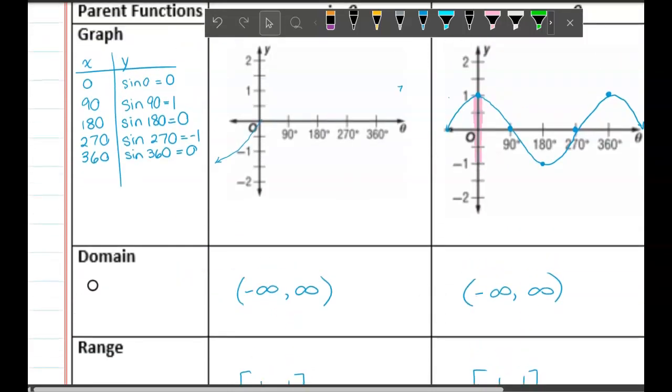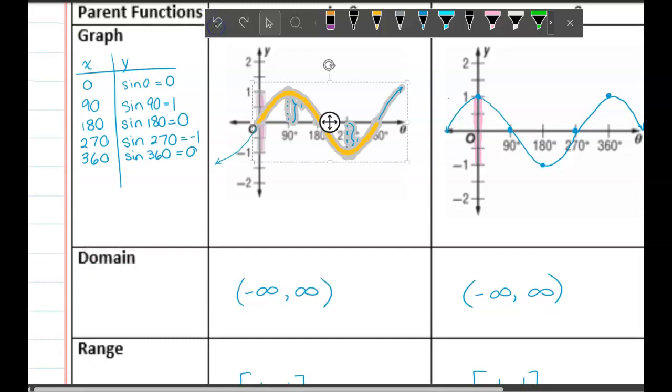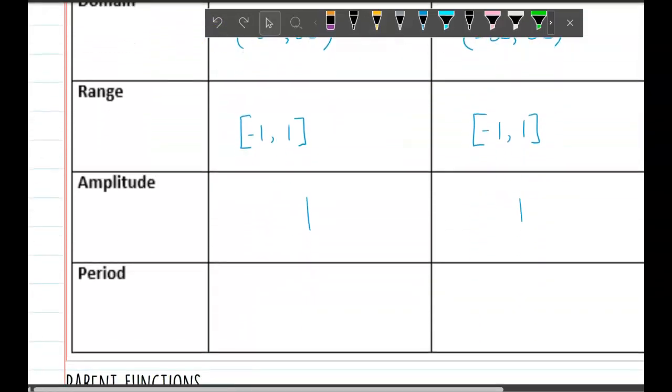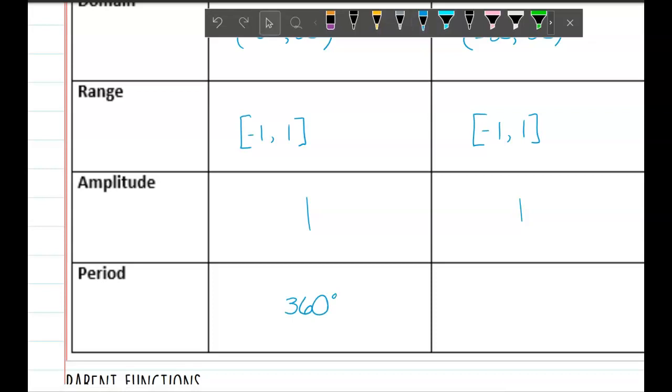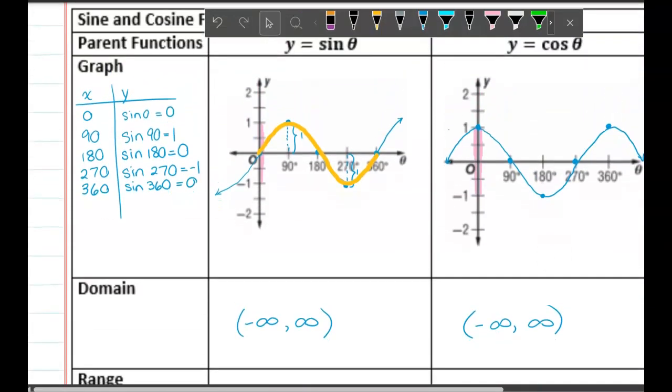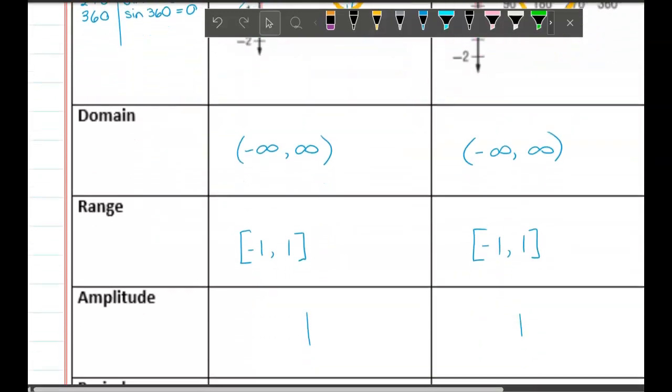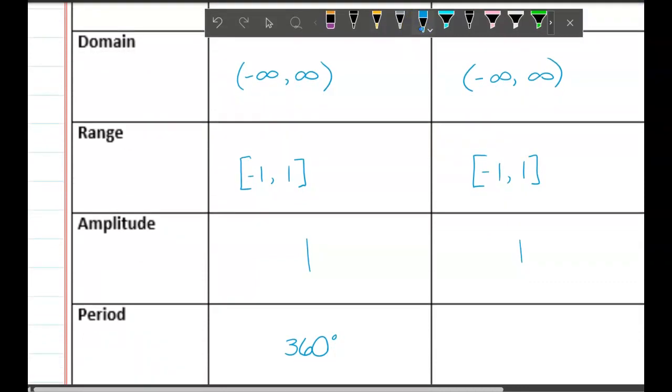So it repeats going from 0 to 360 degrees. So we say that the period is 360 degrees. Same thing is true of our cosine function. It starts here, it goes down and back up, and then that curve repeats over and over and over. So the period of the cosine function is also 360.